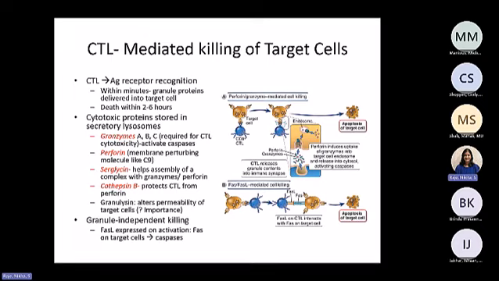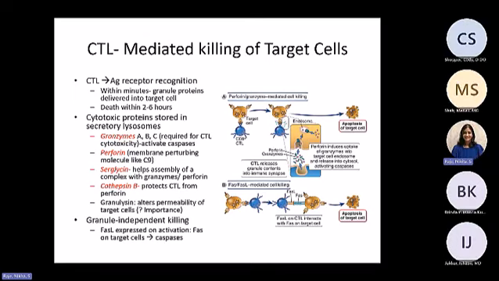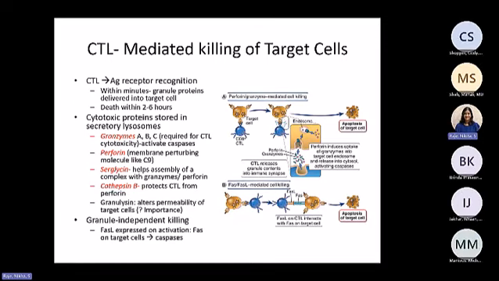So we want to talk about these granules. What do they contain? They contain specific proteins. These are secretory lysosomes that have these proteins in a pouch, rather than being in the cell outside, because that would destroy the CTL itself. So these proteins include granzymes. Granzymes are different types, A, B, C, and they have the capacity to activate caspases.